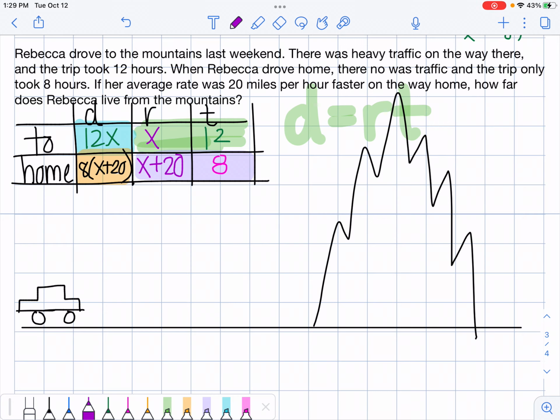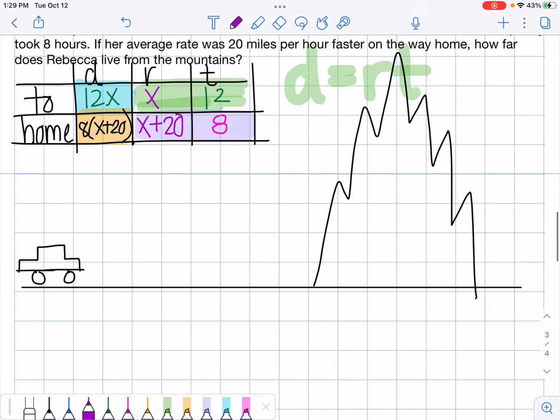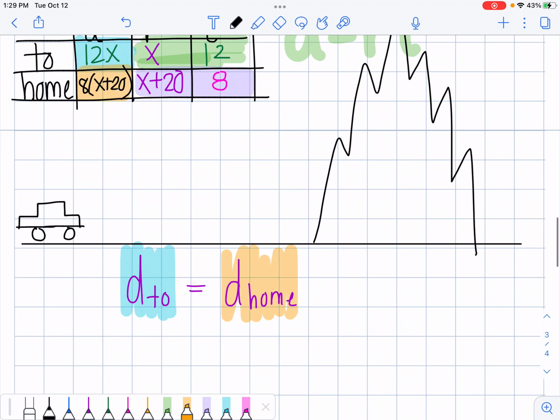So I know that the distance to the mountain is equal to the distance home from the mountain. One just took longer than the other. So now, the distance to my mountain is going to be represented by my blue box. And the distance home from my mountain is going to be represented by my orange box. So I can write this equation, and this says 12x equals 8 times x plus 20.